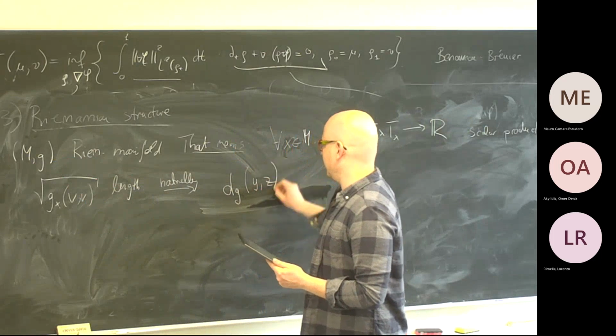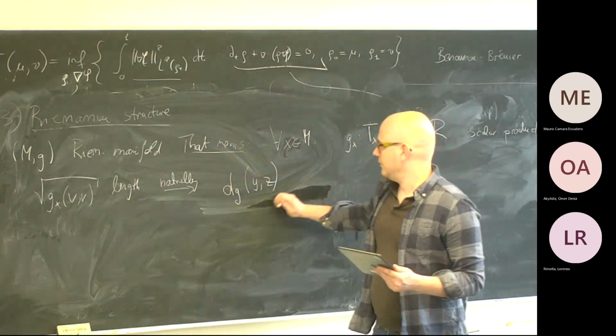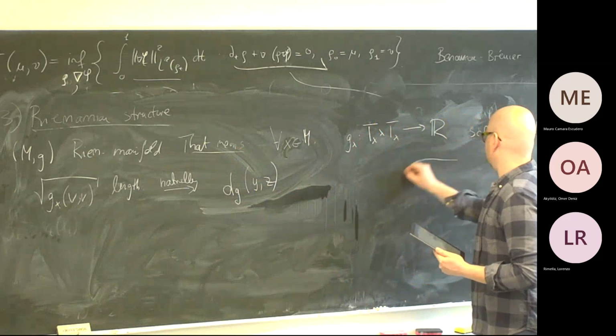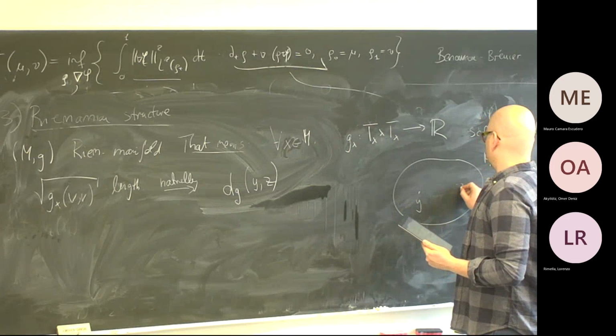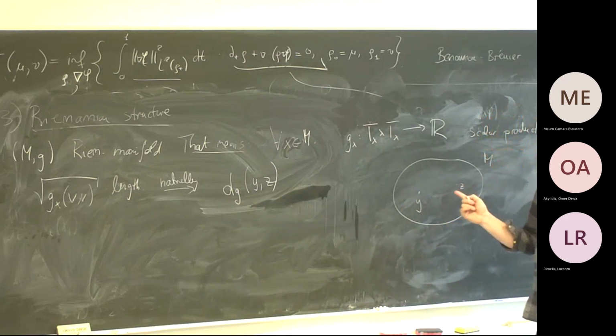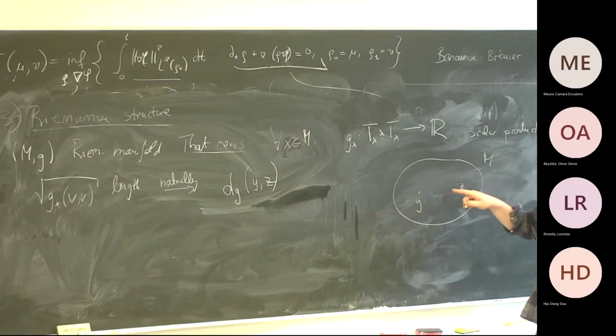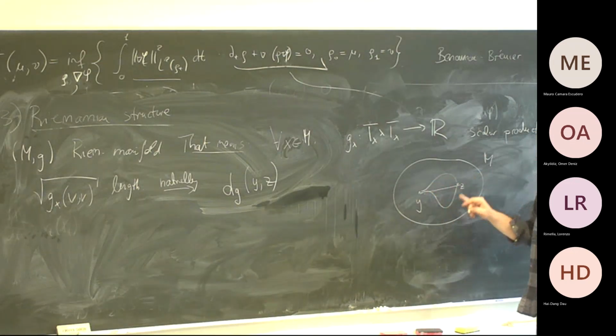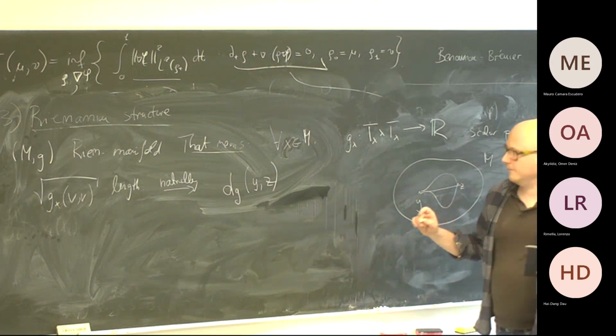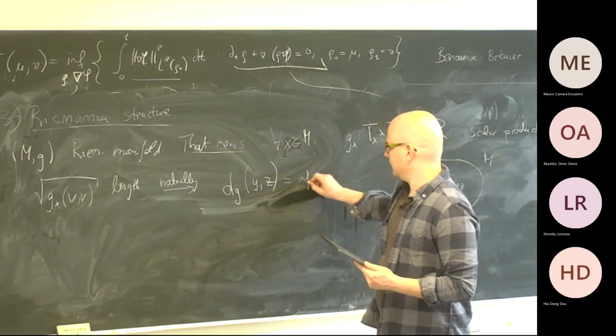Okay, so y and z are points on the manifold M, and we want to say what's the distance between them, and we say that the distance is the length of the shortest connecting curve. So we look at curves, and we try to find the shortest curve, and the distance is going to be precisely the length of this shortest curve. So write it like this.